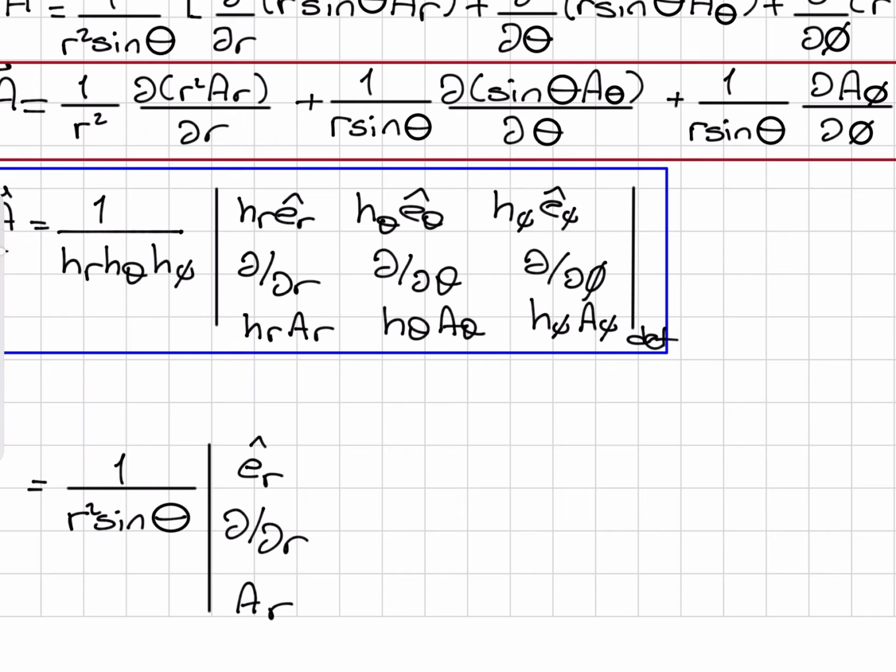Then I have H_theta e_theta hat, which is r e_theta hat, ∂/∂theta, H_theta A_theta, which is r A_theta.